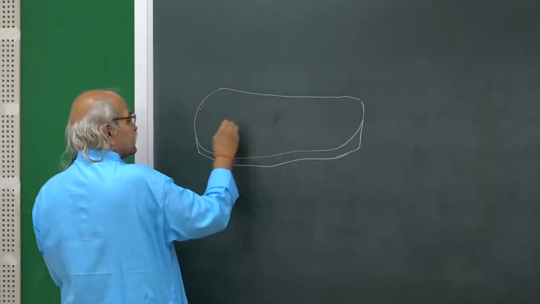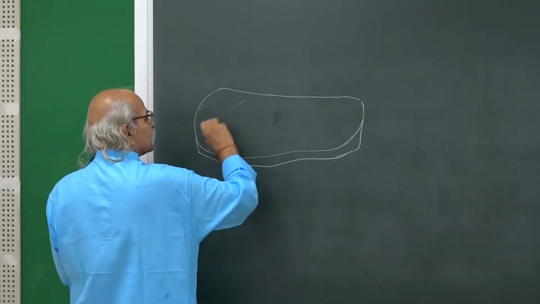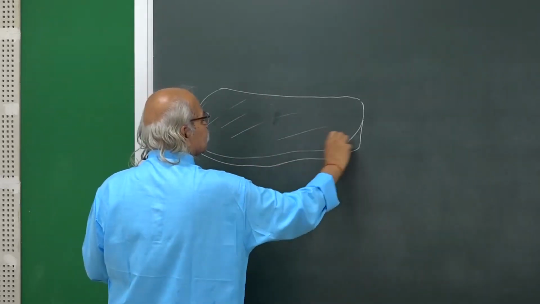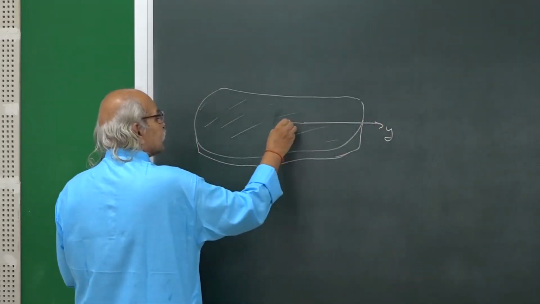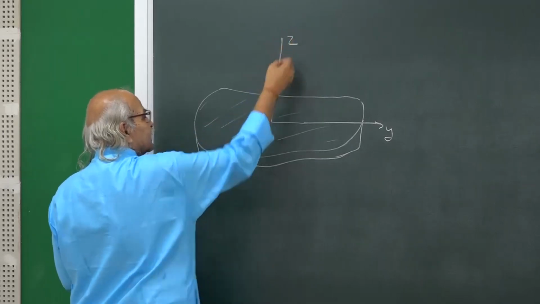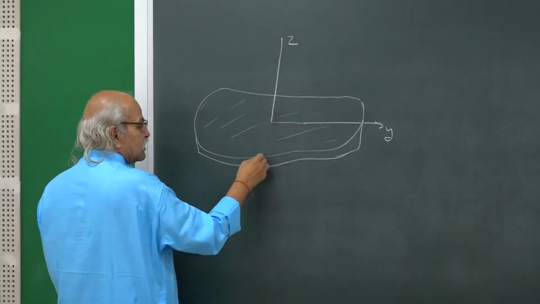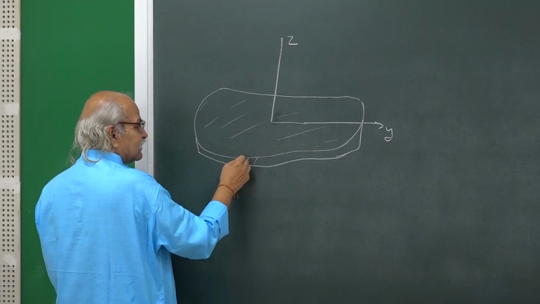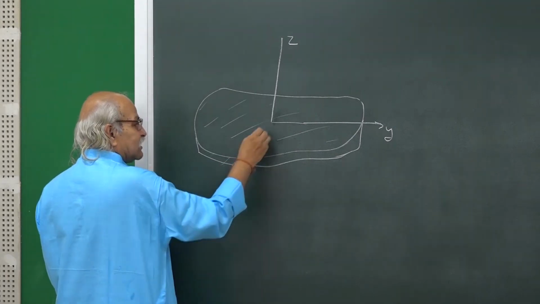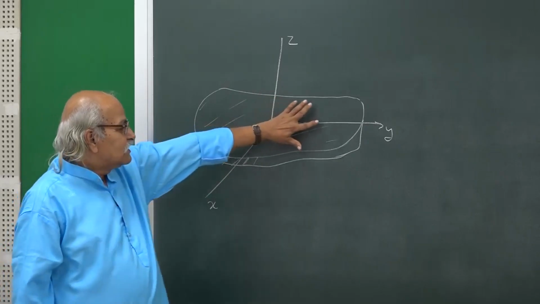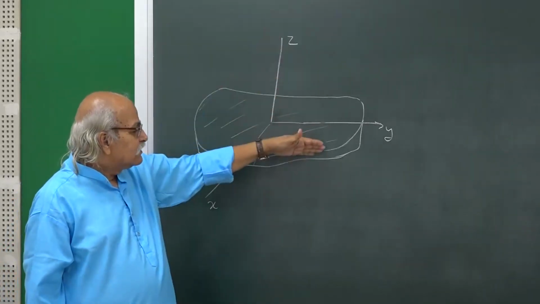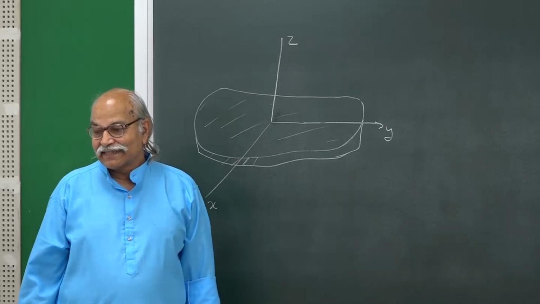This is the top surface of the disk, and let us say this is the y-axis and this is the z-axis. The x-axis is perpendicular, and this is the thickness. So this top surface is the xy plane, and the thickness is in the x direction.